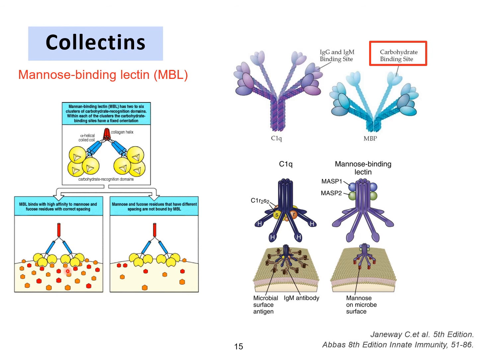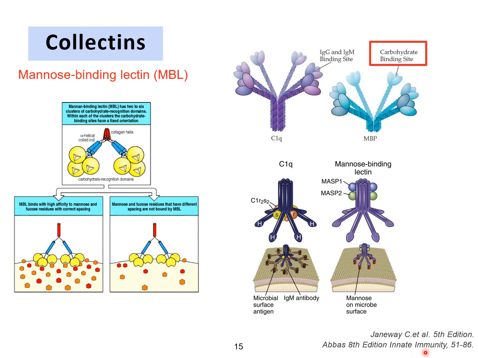All these pictures are not present in your regular textbooks, Guyton, Ganong, and like that. So don't worry about seeing these pictures. These are all taken from Janeway's Immunobiology, the Janeway and Abbas innate immunity textbook, and then one more book is QB immunology.